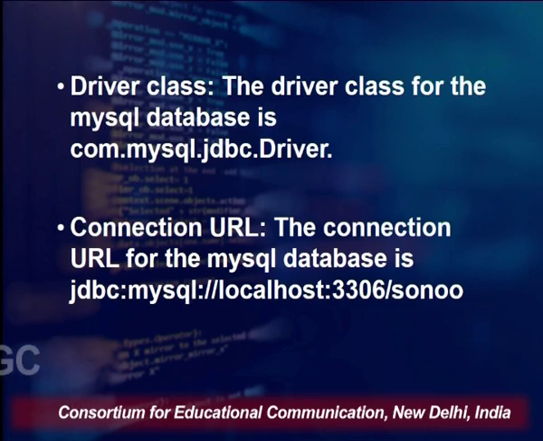What is the significance of these terms? I am going to describe. The connection URL for my database, I am repeating it here again, is jdbc:mysql://localhost:3306/sonoo. Now let us explore this URL first.